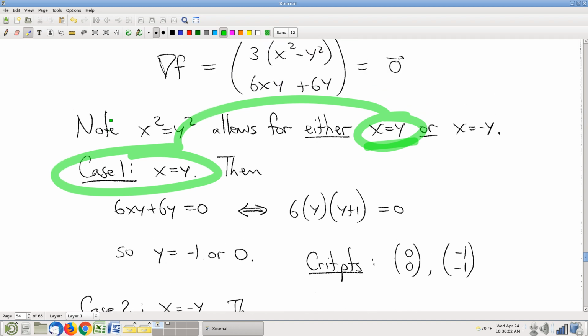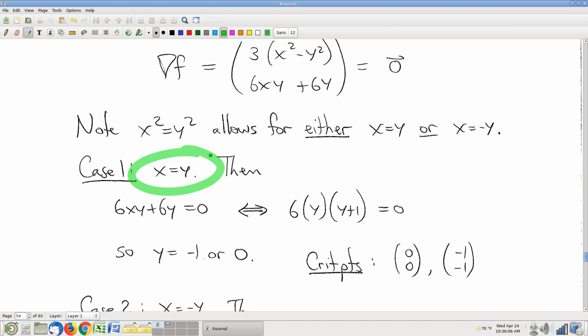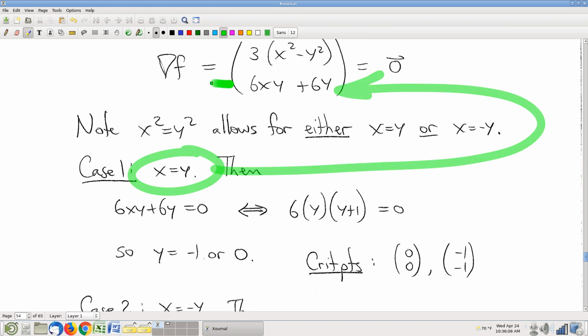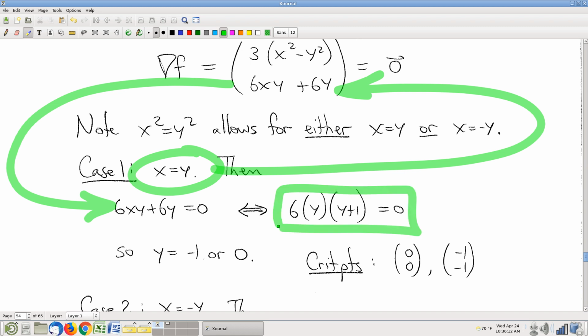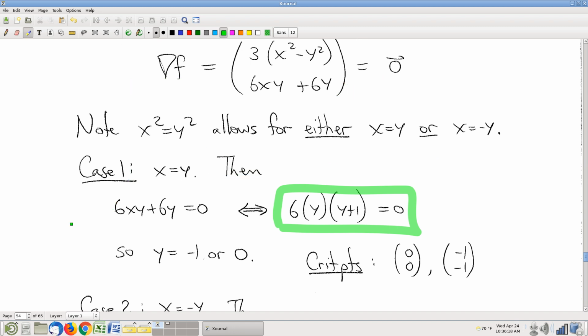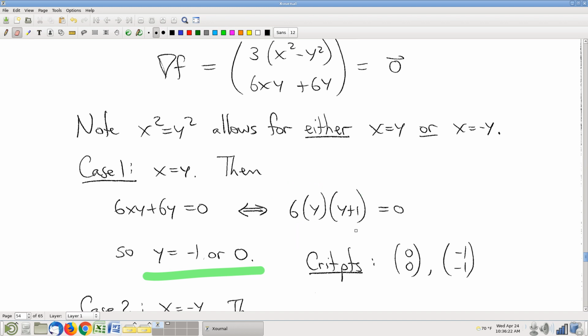Well, if x is equal to y, that means you can write this algebra for y by plugging in y for x. And knowing this about y, you have these possible values of y. And of course, if y is these values, x has the same values.